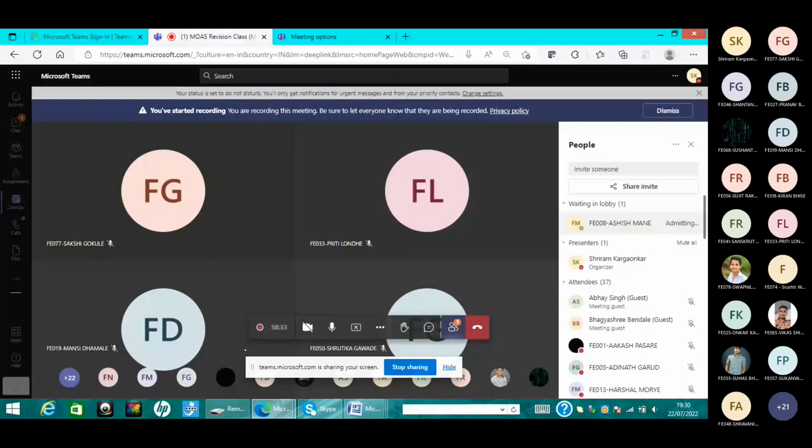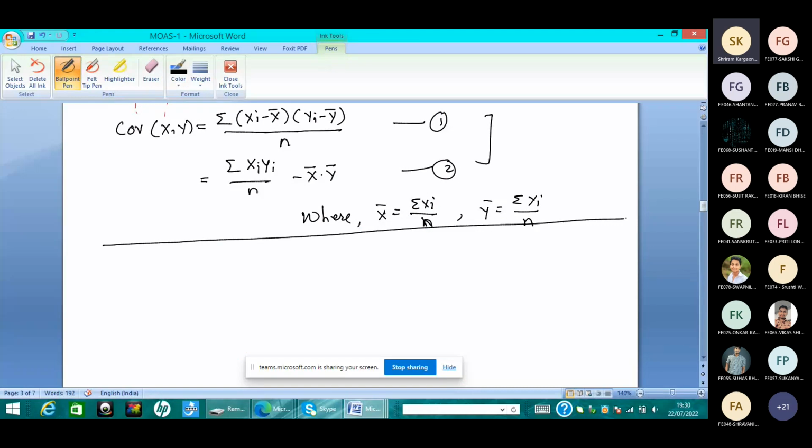So now we'll come across the properties of covariance. What are the properties? Covariance between the same variable is nothing but the variance.